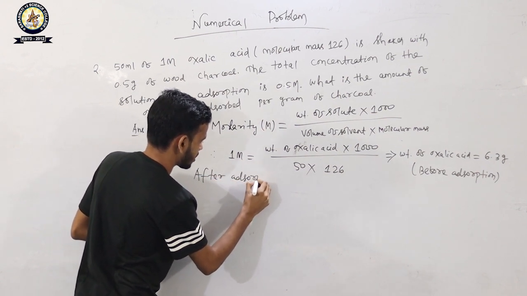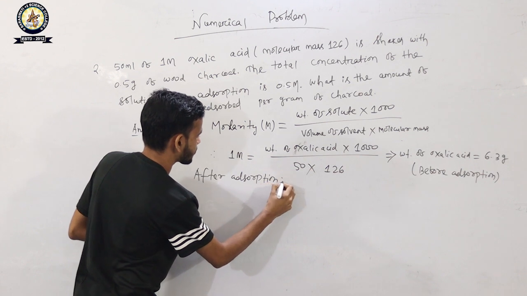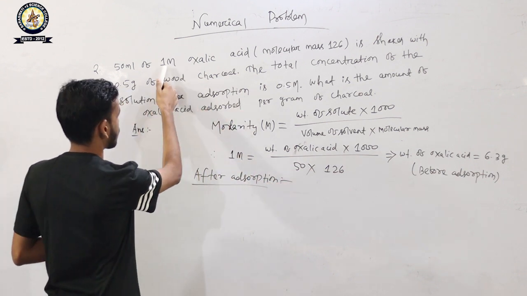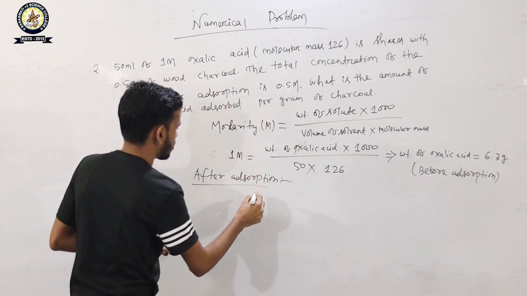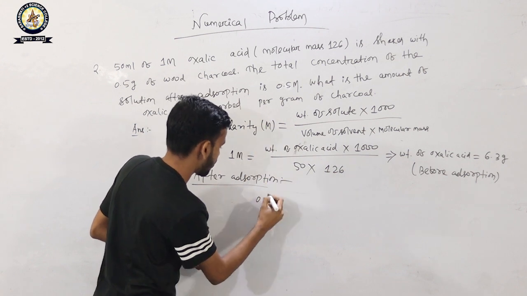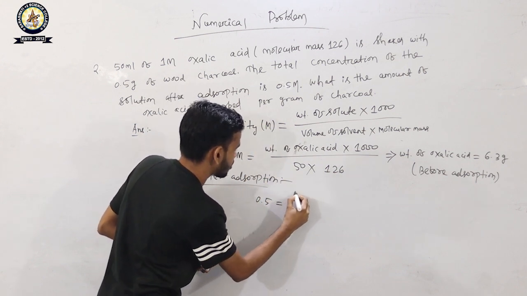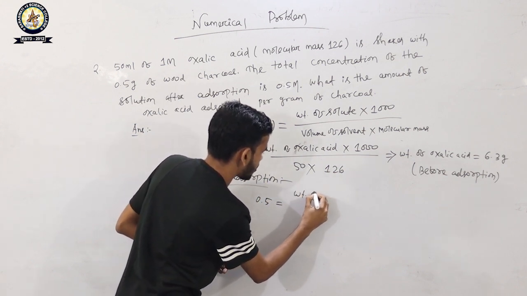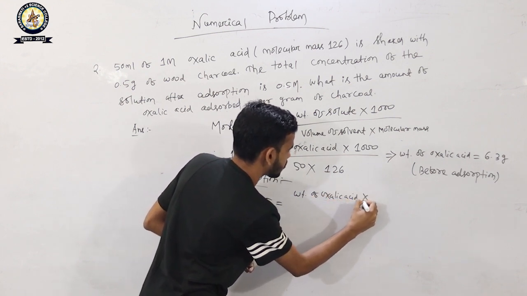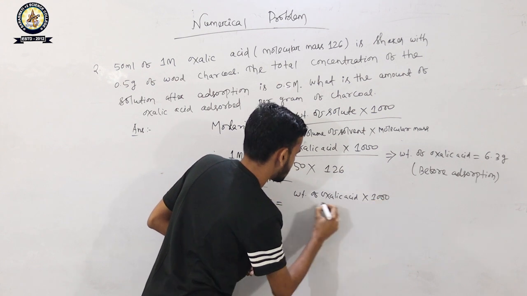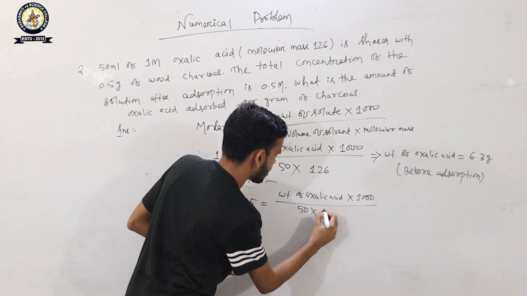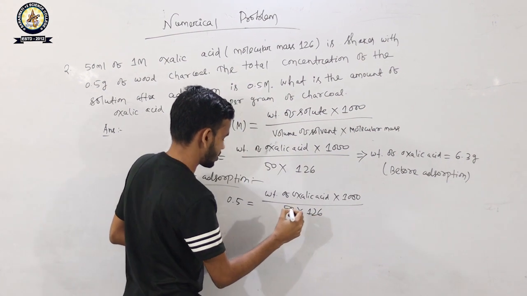In the question it is given that after adsorption the concentration is reduced from 1 molar to 0.5 molar. So if we put the values in the same formula, then 0.5 equals the weight of solute, that is the weight of oxalic acid, into 1000, divided by the volume of solvent, that is the same 50 ml, and the molecular mass is 126.